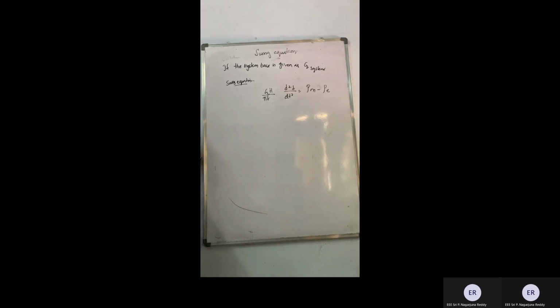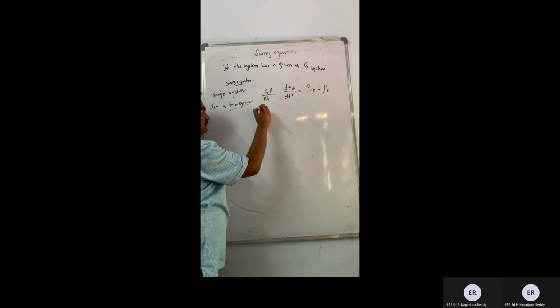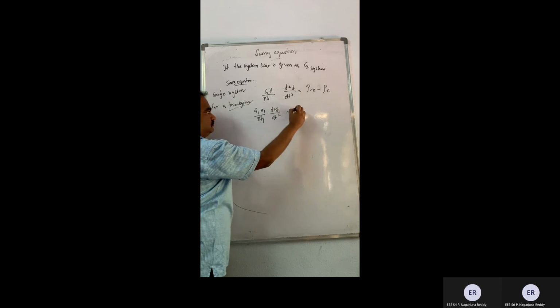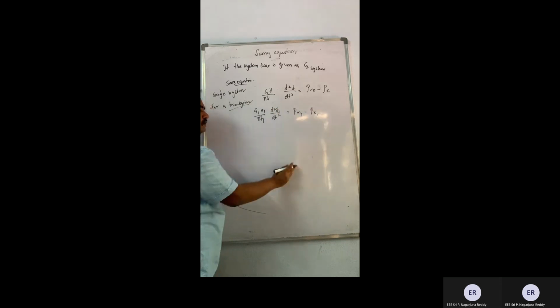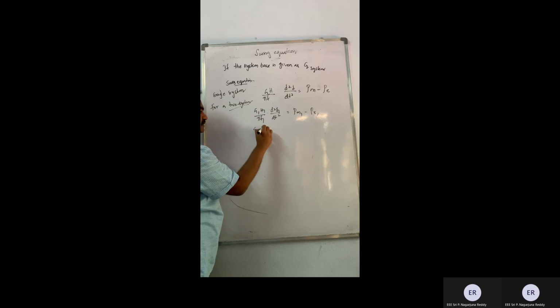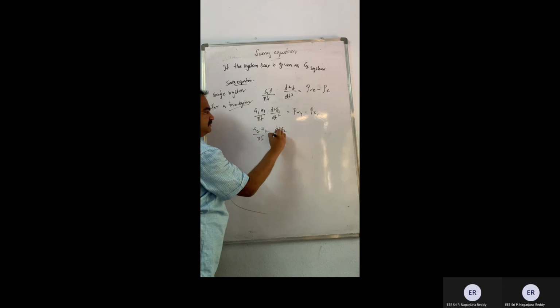This is the swing equation for a single system. For a two generator model, there will be two things, right? Time remains the same, that's why I have not mentioned it as T1. Normally frequency also will be the same.